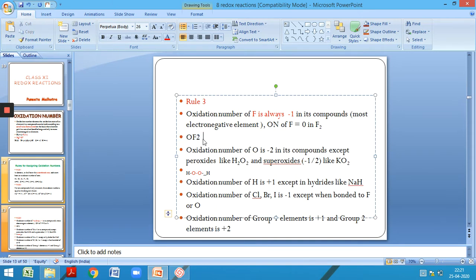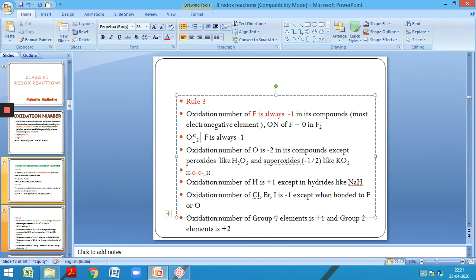I'll take the example here: OF2. Fluorine is always -1, or you can say that since fluorine is more electronegative than oxygen, the bond pair of the covalent bond between oxygen and fluorine is a part of fluorine only.